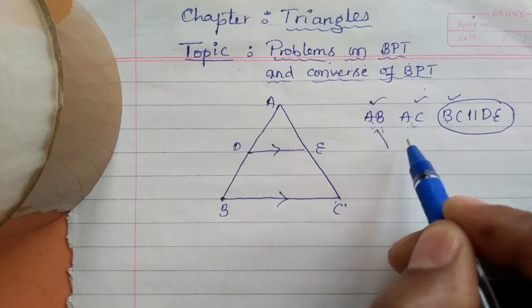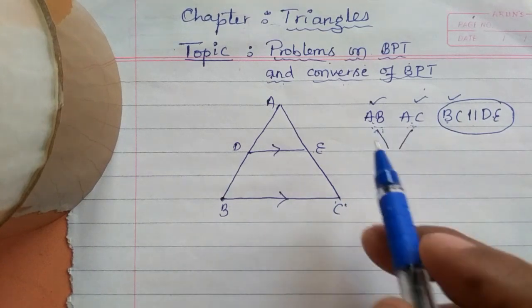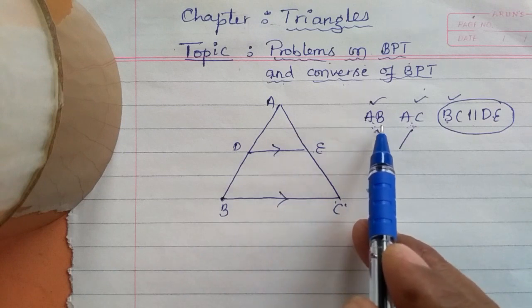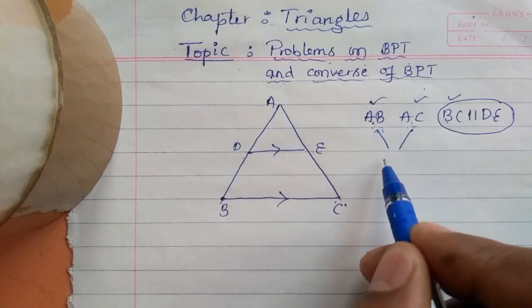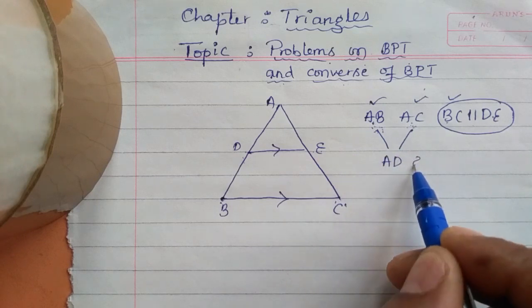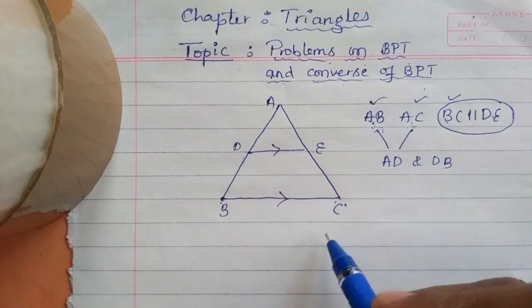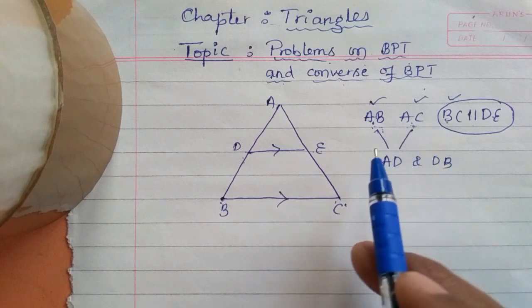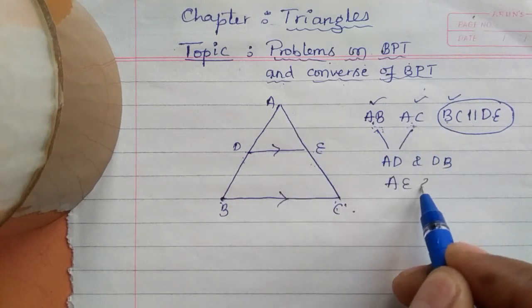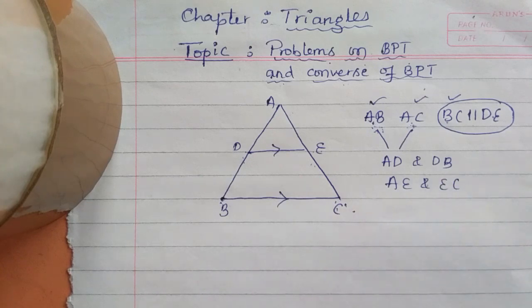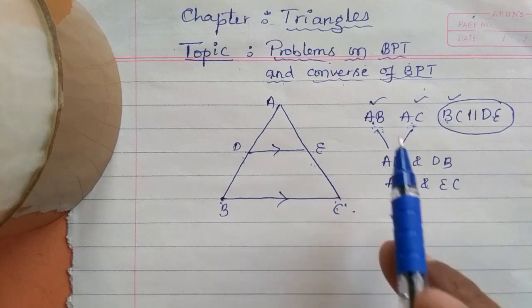But these two sides are divided in equal ratio. AB is divided into AD and DB. AC is divided into AE and EC. So what is the conclusion of Thales theorem?